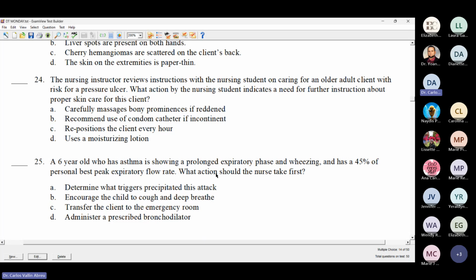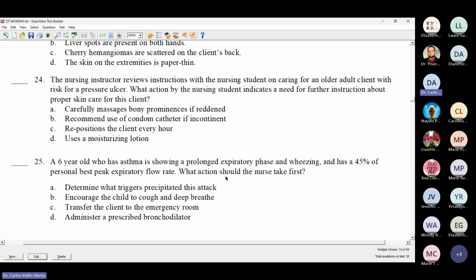The question here: what action should the nurse take first? Determining triggers of this attack is a waste of time at this moment. Encouraging the client to cough and deep breathe is not enough to address the emergency of the bronchoconstriction and the respiratory distress of the client.